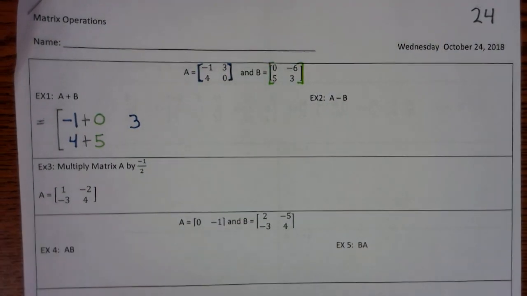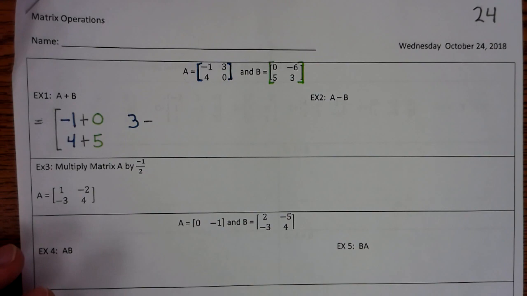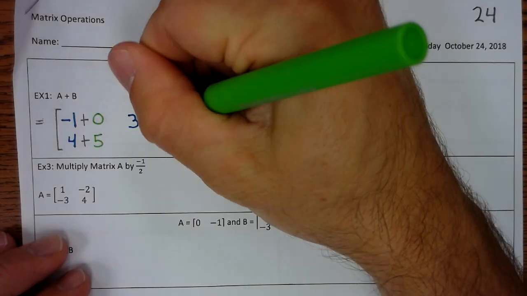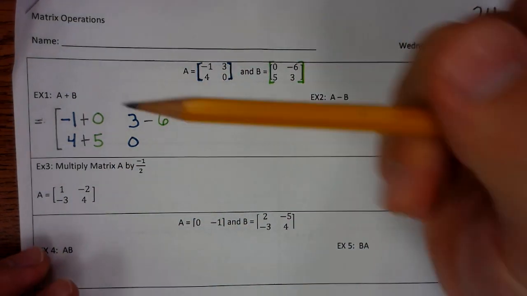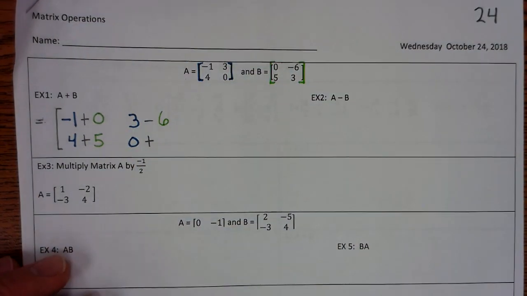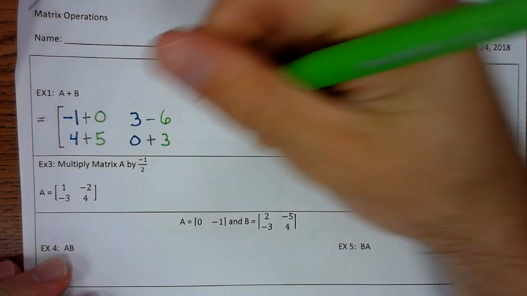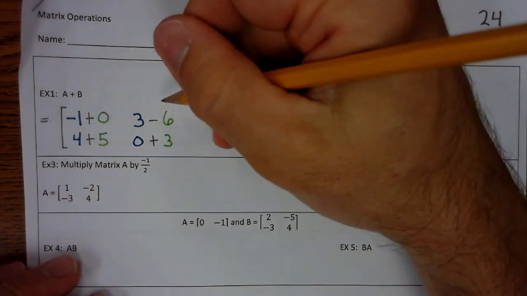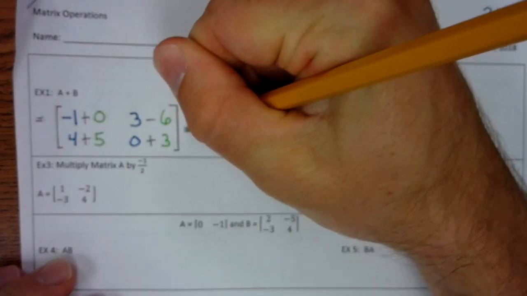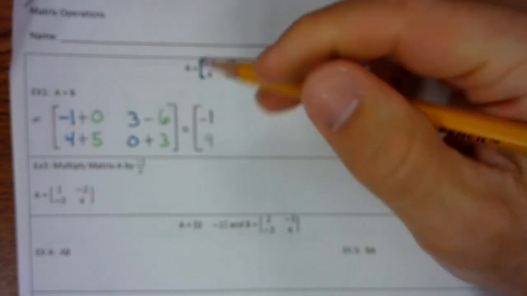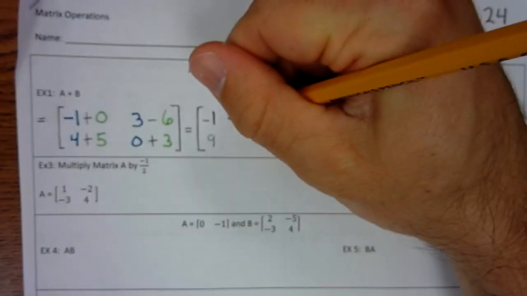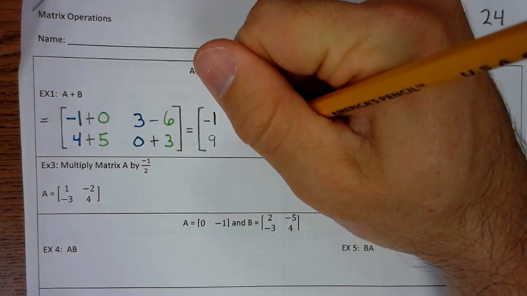Now it's plus a -6, so it's actually -6. And then 0 plus 3. Which equals -1 plus 0 is -1. 4 plus 5 is 9. 3 minus 6 is -3. And 0 plus 3 is 3.